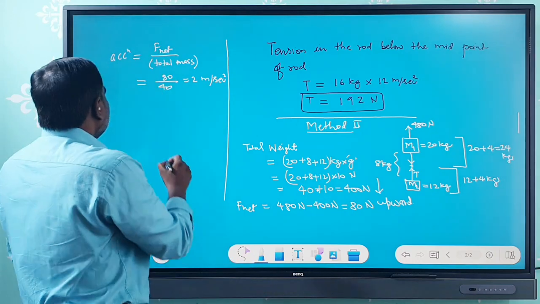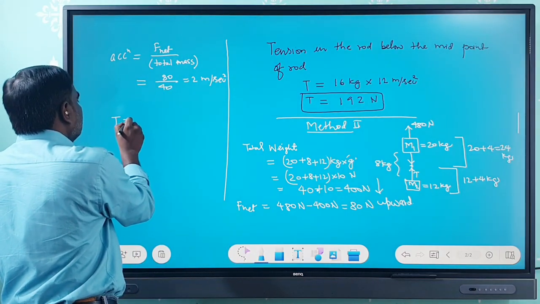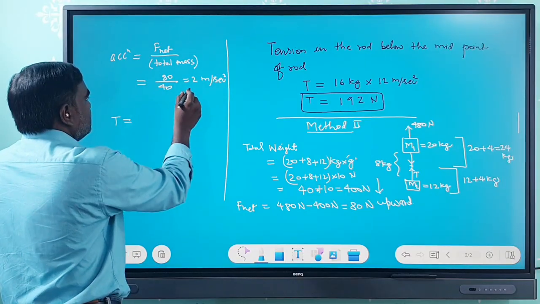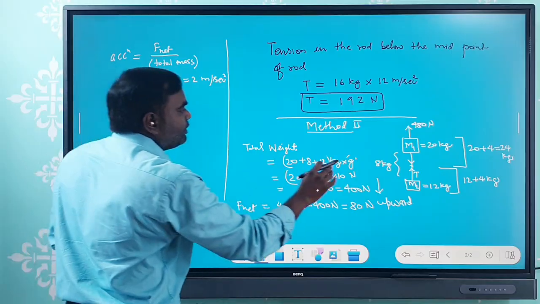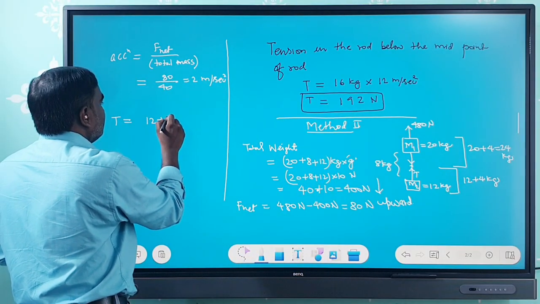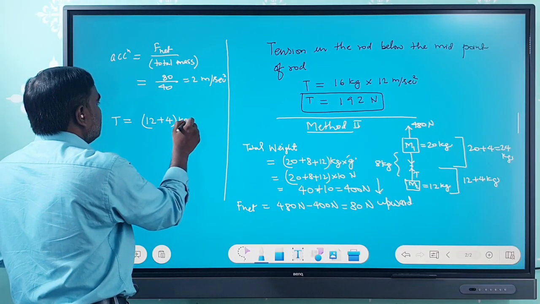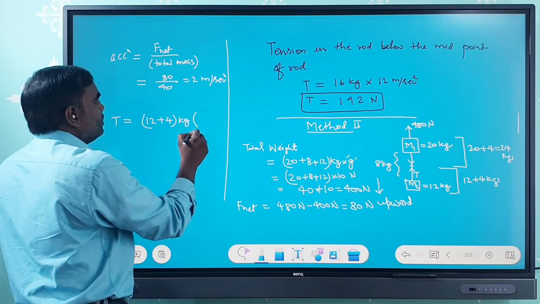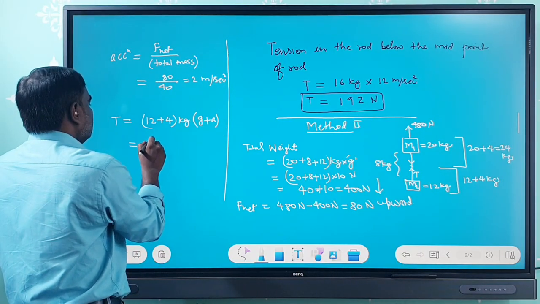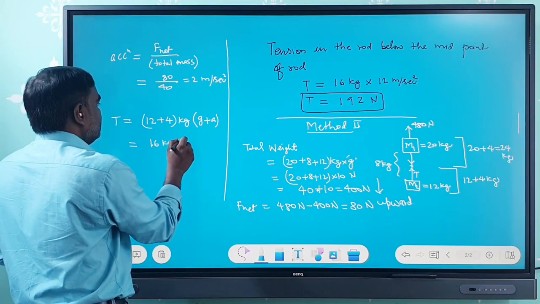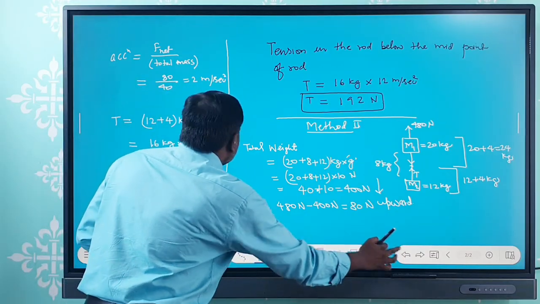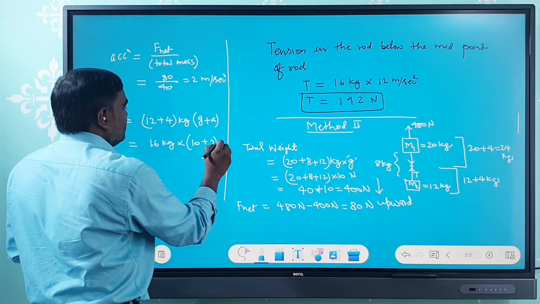It is given by the mass below the midpoint, 12 plus 4 kg, into the total acceleration g plus a, that is 16 kg into 10 plus 2 meter per second square.